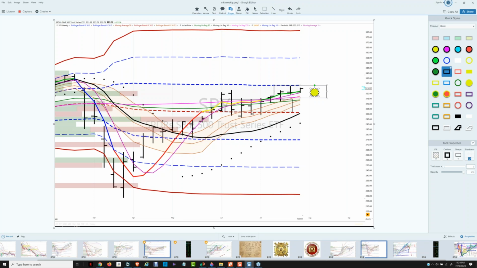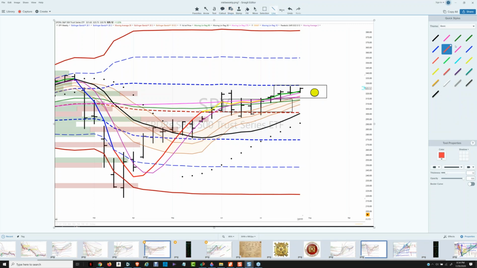And if it can get through there, the next price level that matters is going to be basically the hump of the dragon over here.